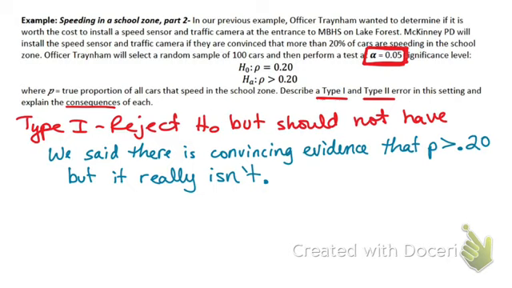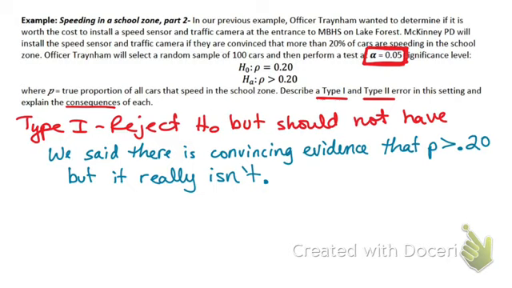If we say we have convincing evidence that P is greater than 0.2, do we get the speed sensors and the traffic cameras? Yes, we do.